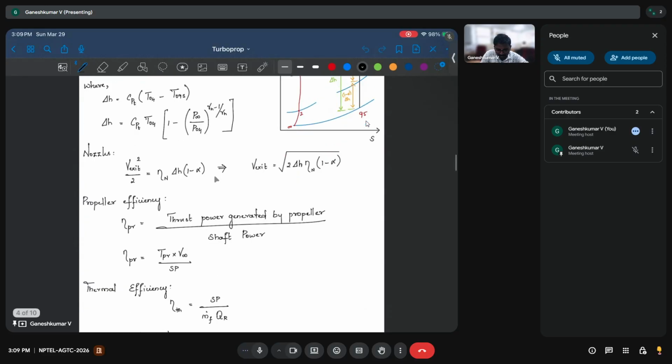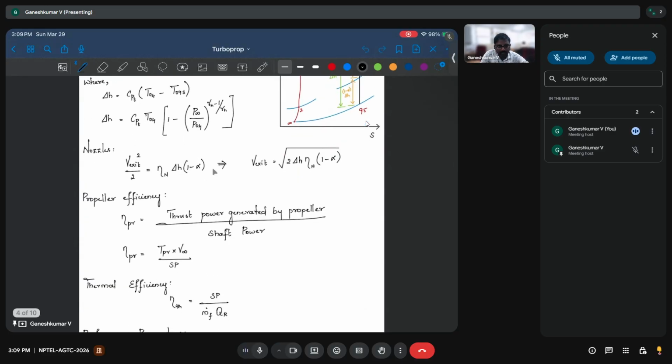And in the nozzle, typically these nozzles are unchoked, so that's why we directly took the unchoked velocity expression. The propeller efficiency is the thrust power generated by the propeller divided by the shaft power, so the total power that is provided to the propeller. The thrust power generated is the thrust generated by the propeller times V infinity, divided by the total shaft power.